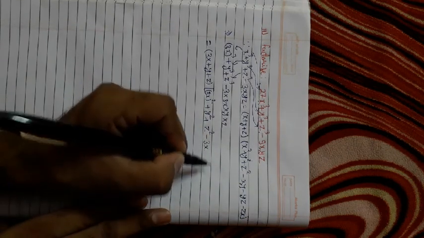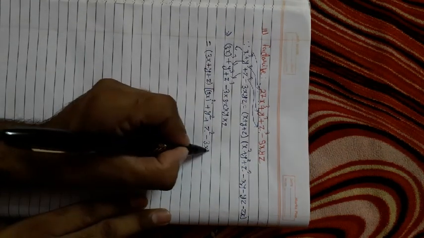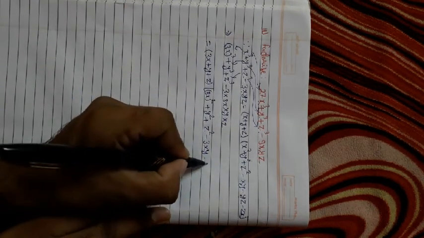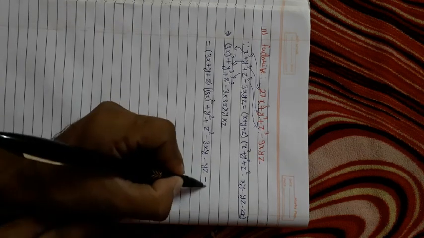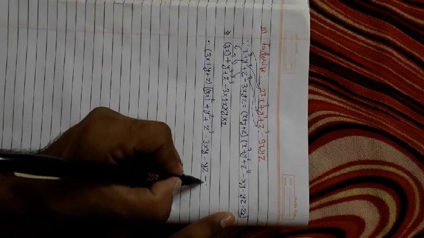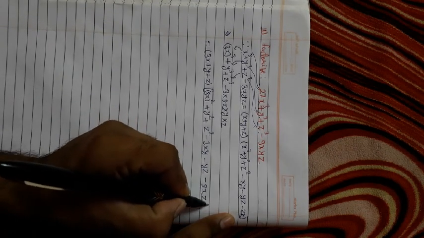So 3x for x and y for y, minus yz, y I have y and z I have z, so yz as it is, and finally zx, so z and 3x instead of x.